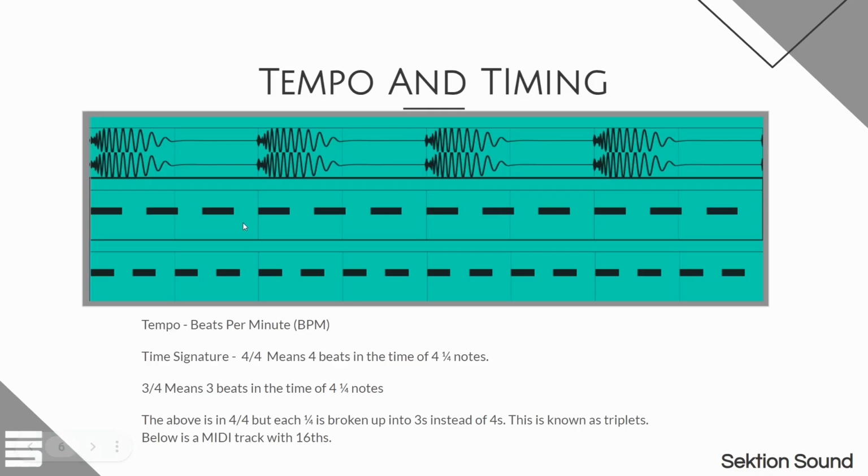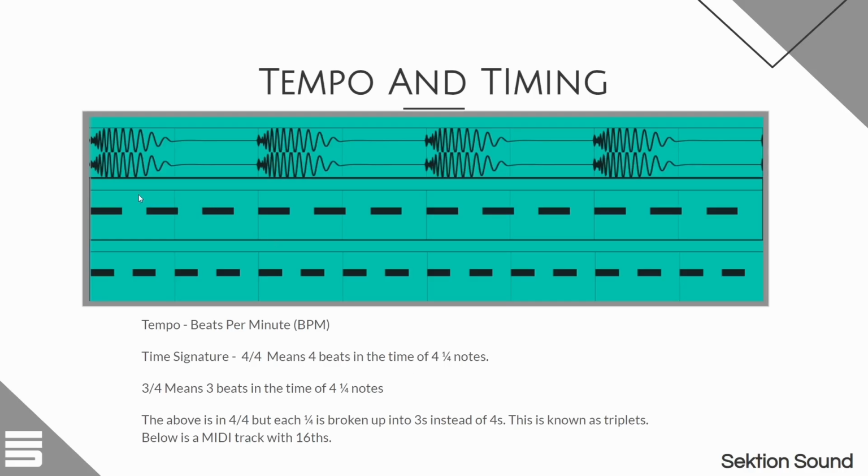3/4 would be if we were to fit 3 kicks in the timing that usually 4 would play. That is kind of like a waltz feeling. Very rare for that to actually be used in dance music. However, we do get a false 3/4 timing in dance music quite a bit, and that's known as triplets.